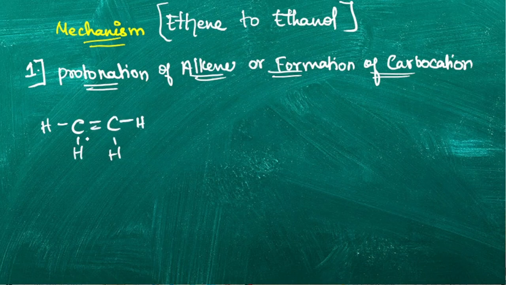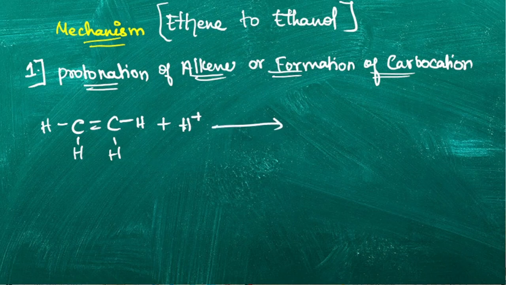Protonation of alkene means nothing but adding H plus ion. H plus is a proton. So when you add H plus, it is called protonation of alkene, which results in the formation of carbocation.